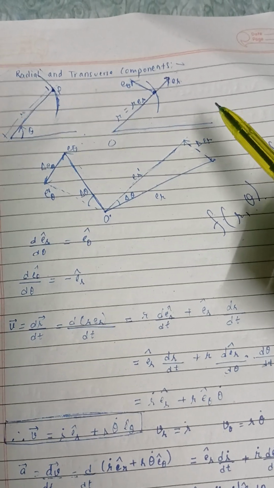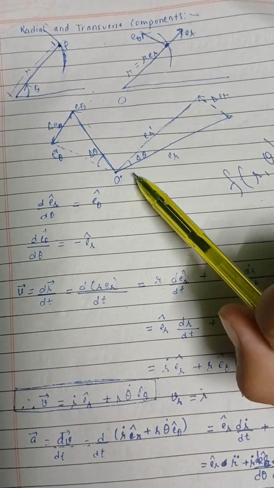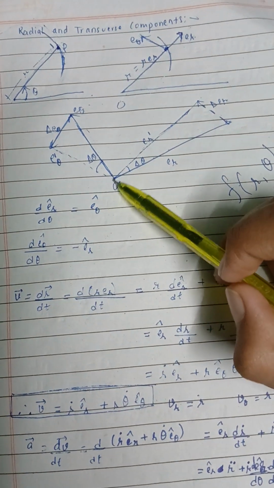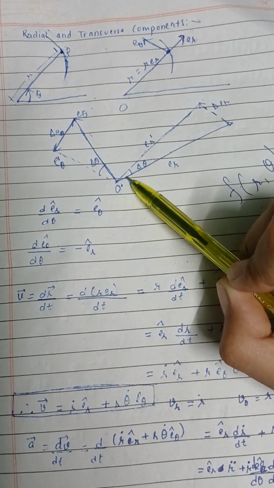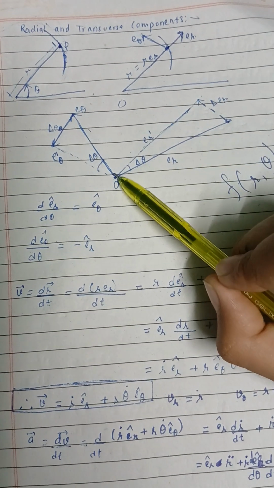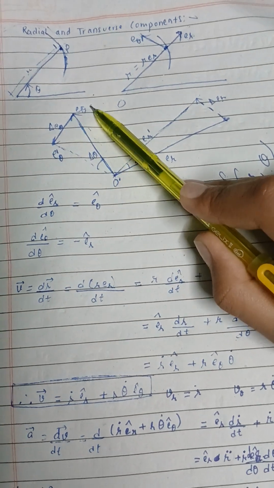Let us make a simple diagrammatic representation for the radial and transverse components. At position O, the vector ER will be directed towards this direction, and E theta will be perpendicular to it, directing along this direction.